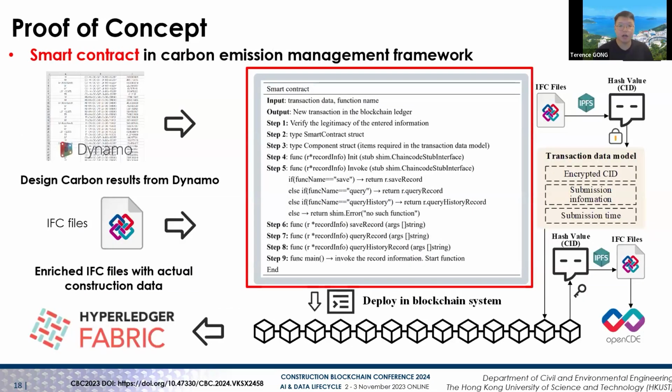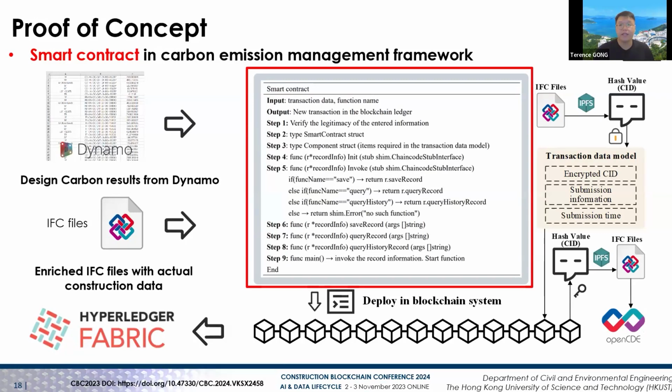And then the smart contract in the carbon emission management framework is here. We will upload the design carbon result from Dynamo, which comes directly from the BIM models. And we will also use IPFS to store the IFC files, which are enriched with the actual construction data.